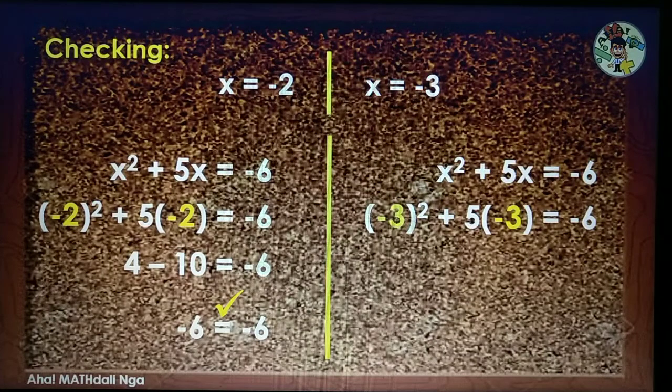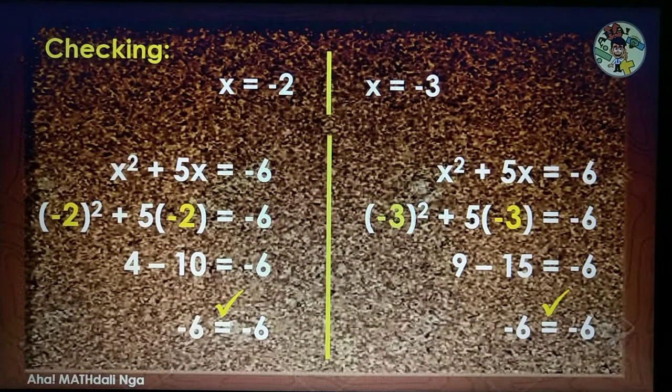Negative 3 squared plus 5 times negative 3 is equal to negative 6. Let's simplify. Negative 3 times negative 3 is equal to 9. Positive 5 times negative 3 is equal to negative 15. Equals negative 6. 9 minus 15 is equal to negative 6, which is also equal to negative 6.